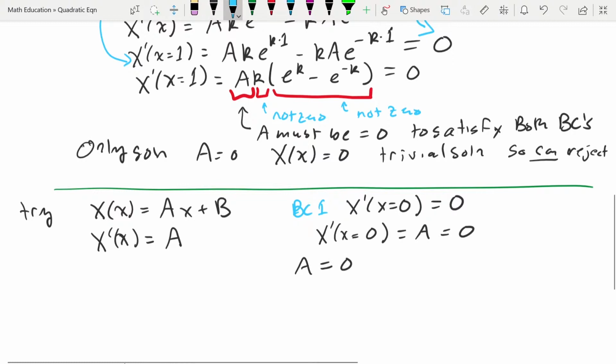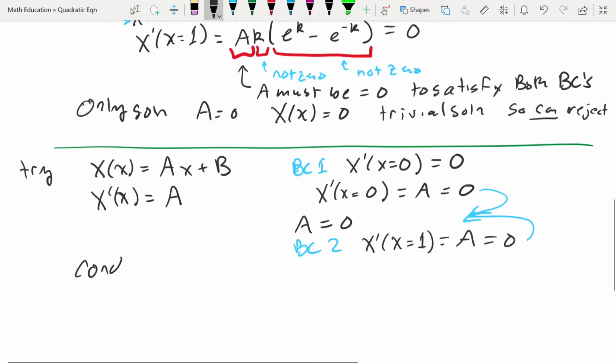So likewise for boundary condition 2, X prime at x equal to 1. Now that's also equal to a, equal to 0. We get the exact same thing. So we've got a condition that a is equal to 0, and we've got no condition on b.